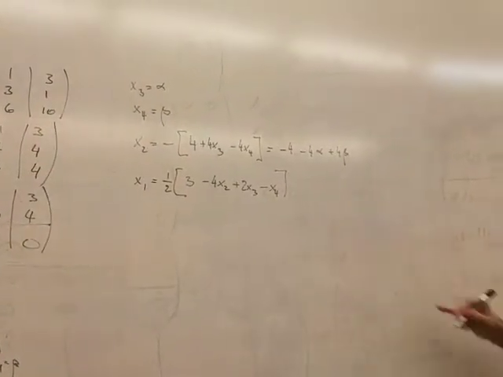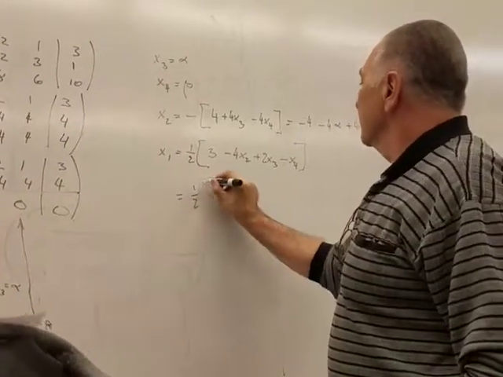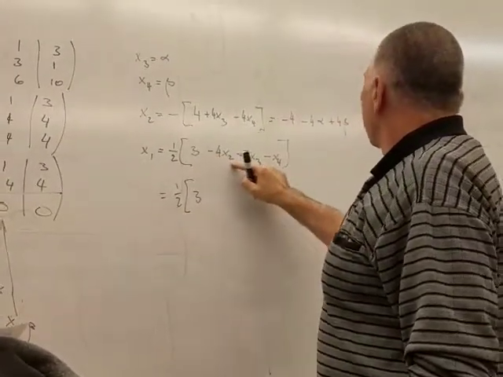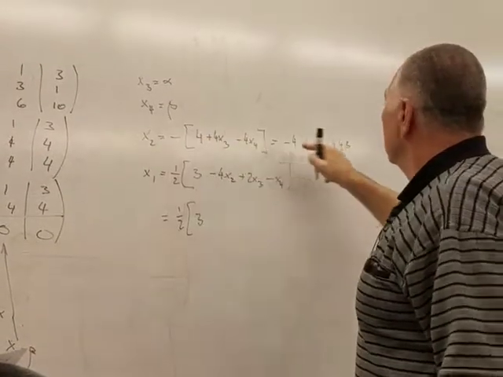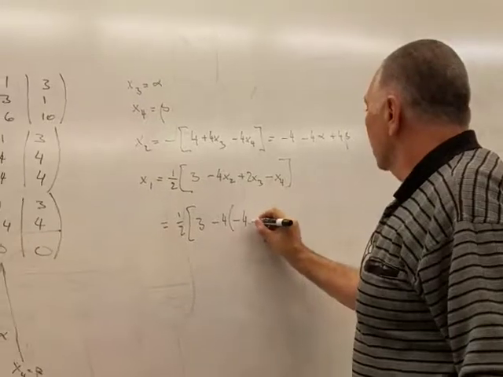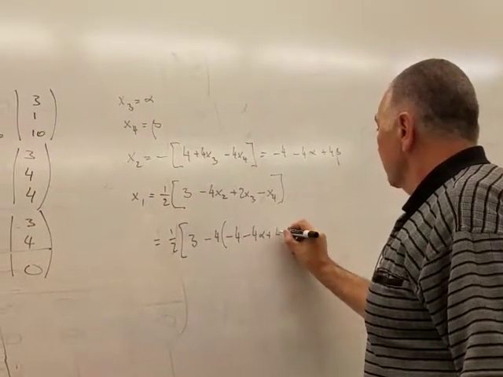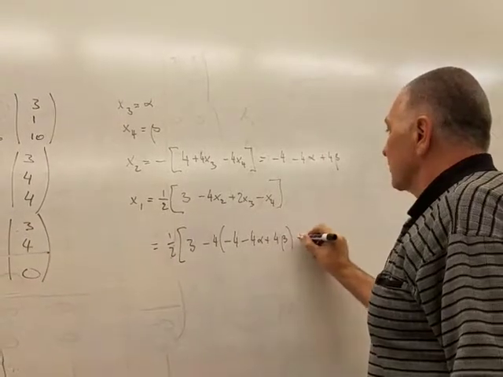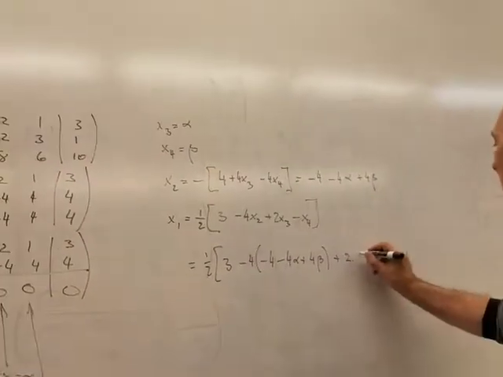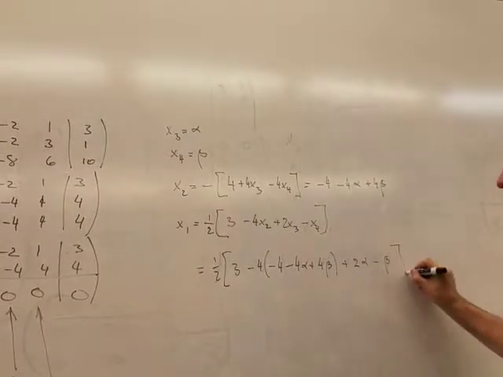So it is equal to this, and therefore 1/2 times 3 minus 4 times x2, minus 4 times minus 4 minus 4 alpha plus 4 beta, plus 2 times x3, plus 2 alpha, minus x4, minus beta.